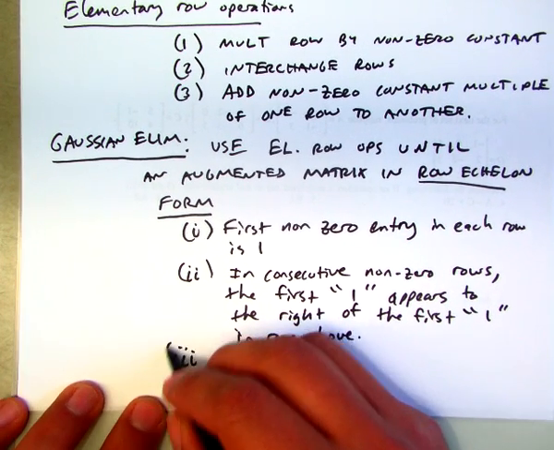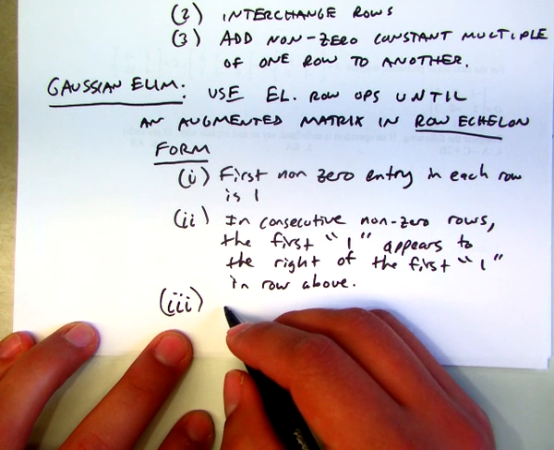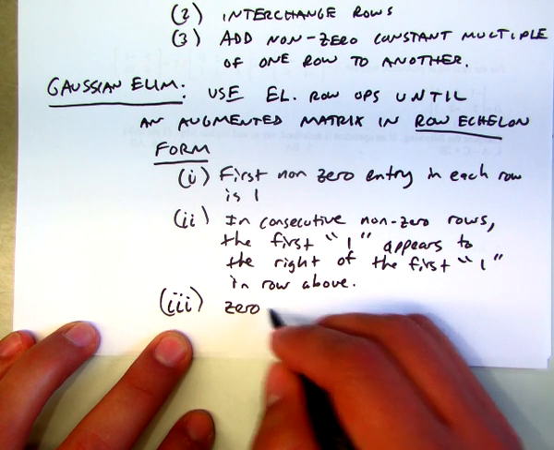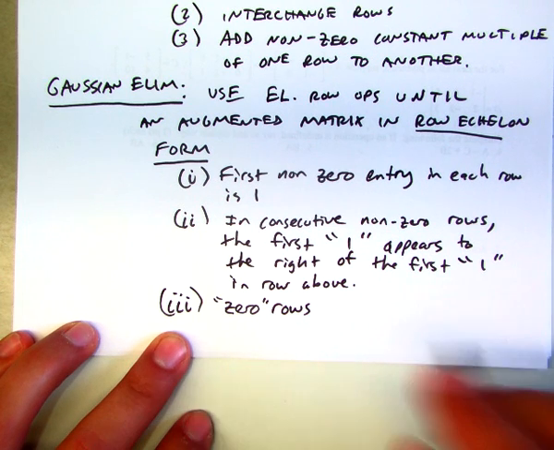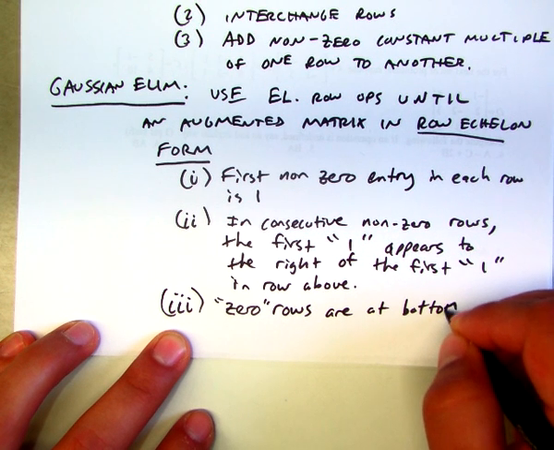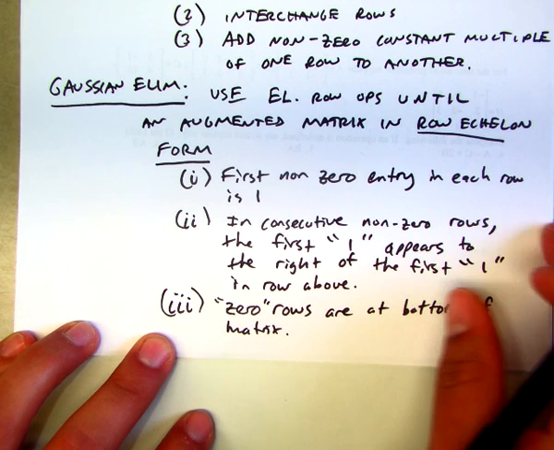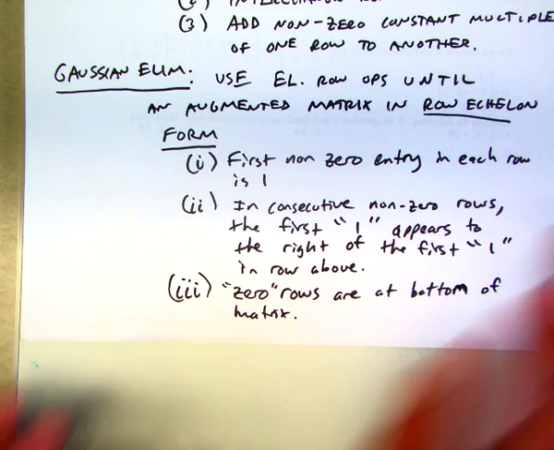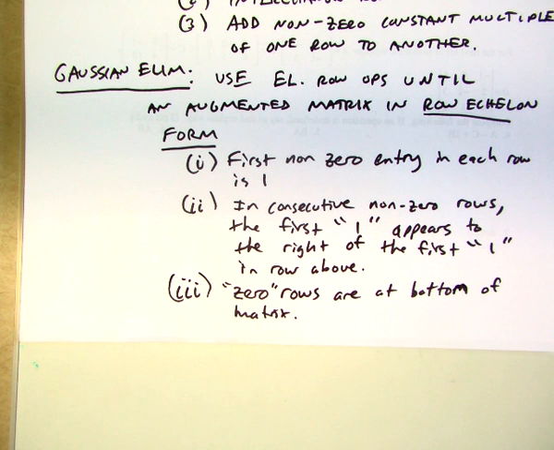Three, zero rows, meaning rows that have only zeros, are at the bottom of the matrix. And that is Gaussian elimination.